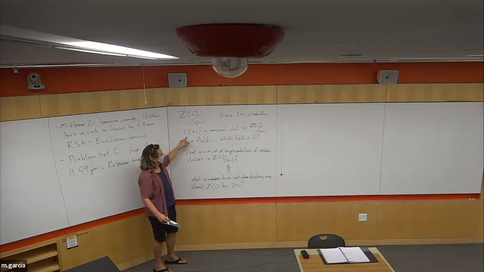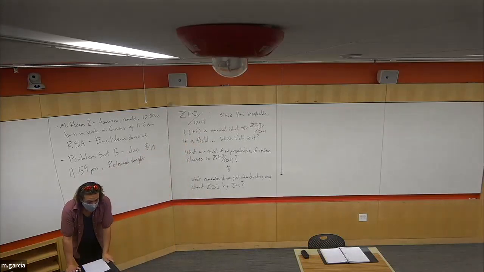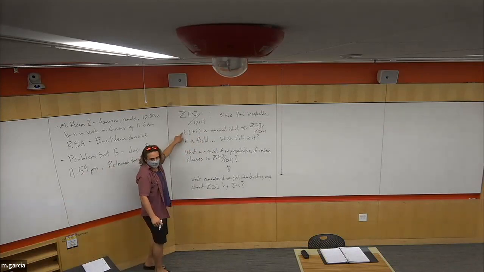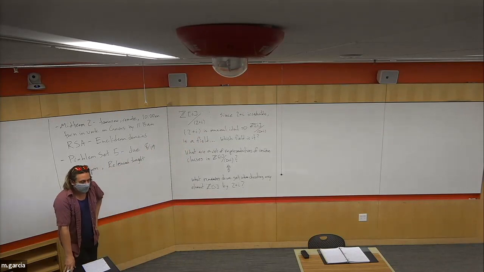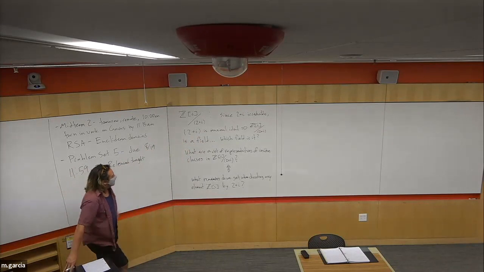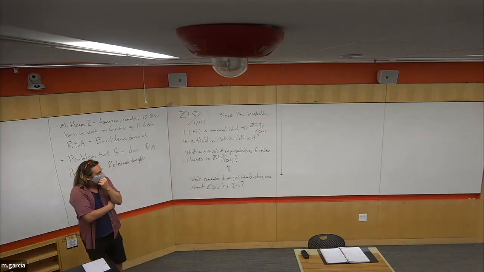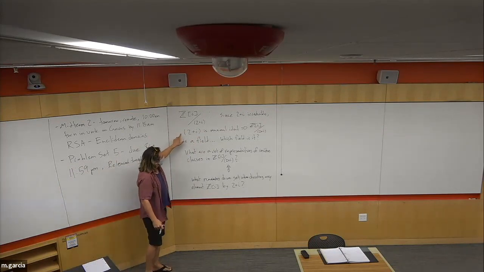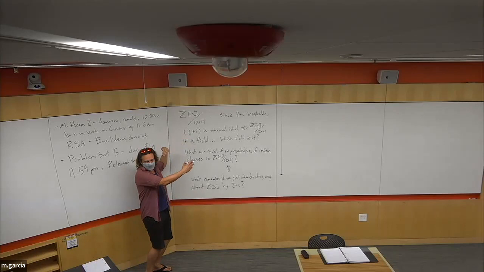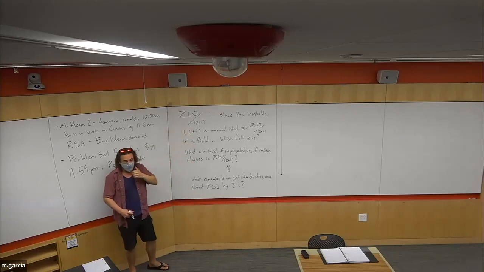The ideal generated by 2 plus i has any value in Z adjoin i multiplied by 2 plus i. Remember, this is a set, the set of multiples of 2 plus i. Multiples coming from which set? Well, it's an ideal of Z adjoin i, right? I guess technically you could say that every time, but that becomes quite cumbersome, right? So you just have to remember the context that we're in of the Gaussian universe.